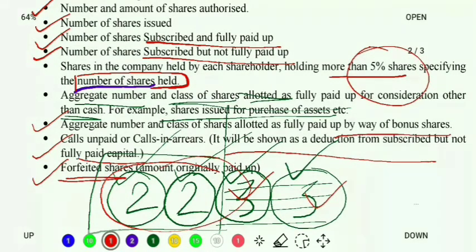Clear? In your examination, if questions are set up regarding items that come under share capital, more or less they will be from these many items only.